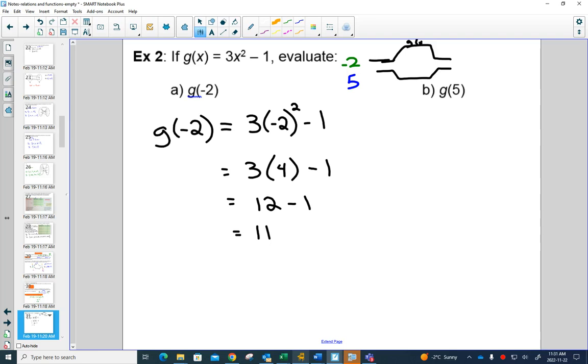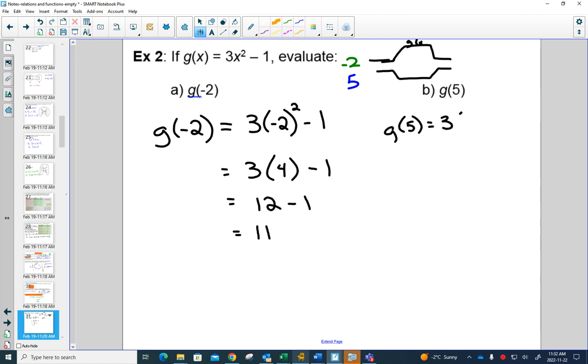Oh, you have to square negative 2 first. You have to square the negative 2 first, right? Order of operations will always come into play. That's why when you do function notation, like when I do g of 5, when you replace a variable with a value, it's always good to put it in brackets so you can remember the order of operations.